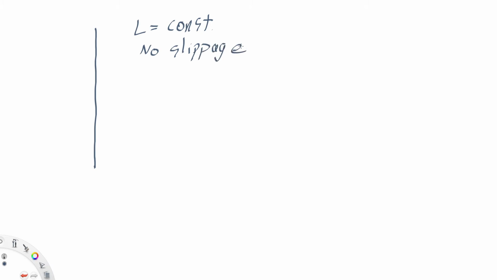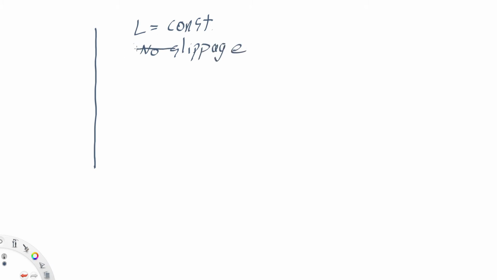So far in our analysis, we've assumed two things of our rope. One is that its length doesn't change. And two, that it doesn't slip at all when it's causing the pulley to rotate.